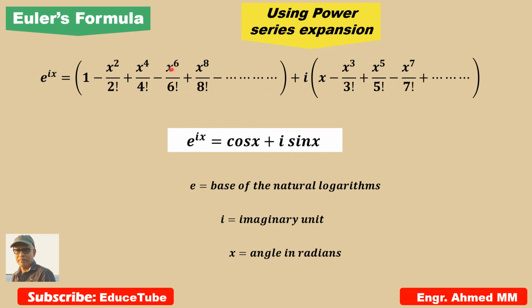These two terms are the Maclaurin series for cos x and sin x, very important points. So we put cos x, sin x, and here i, the imaginary unit, and e to the power ix. So e is the base of the natural logarithm, we already know i is the imaginary unit, and x is the angle in radians. So we got Euler's formula.